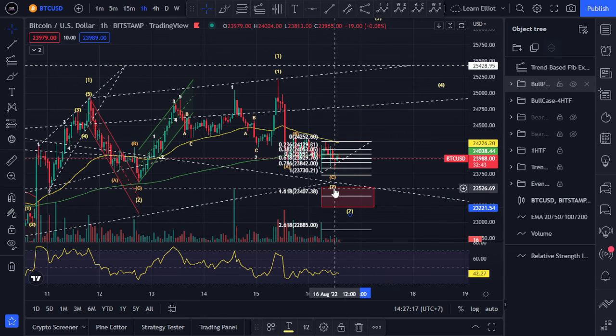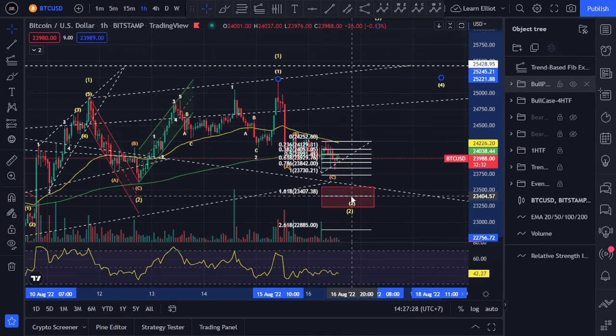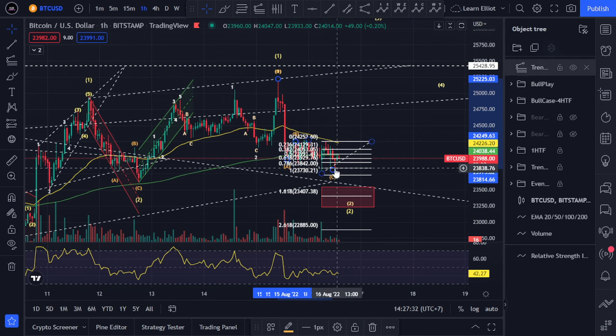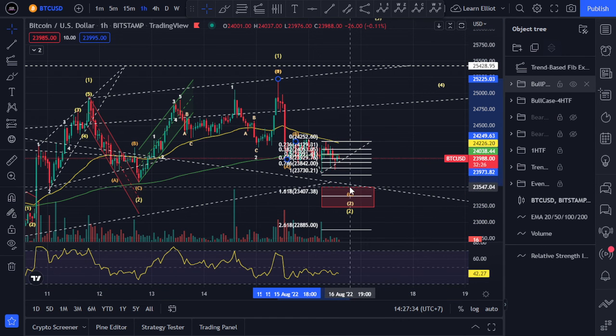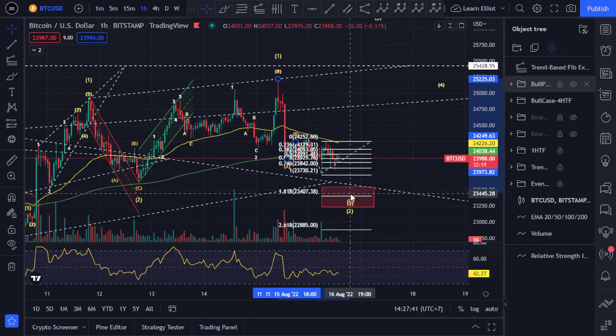If the price moves further, I can assume that we might have a clear ABC correction pattern here, maybe somewhere around this box.